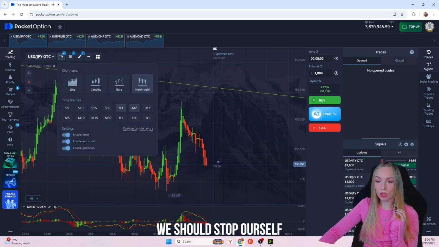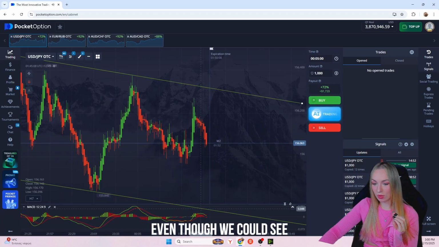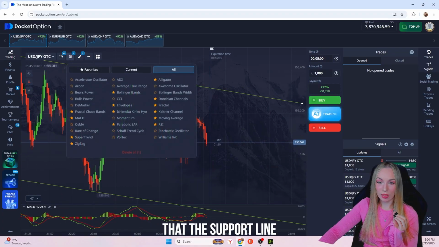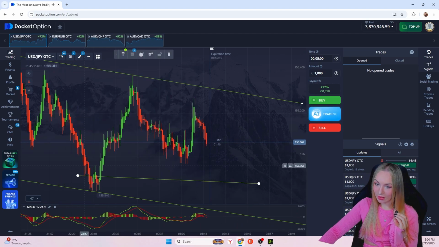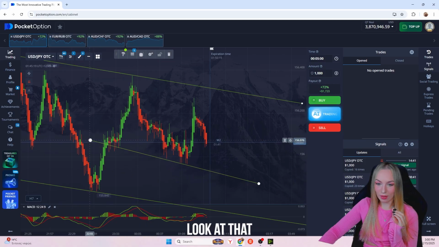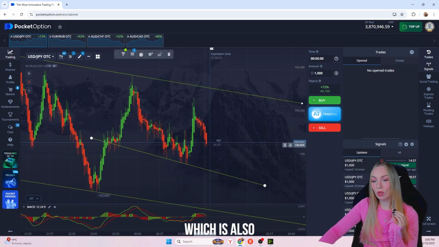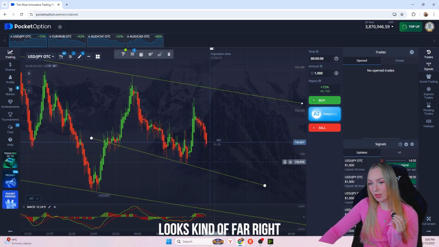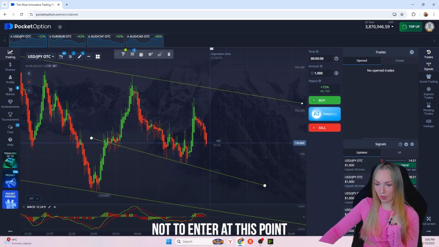Right now we should stop ourselves and not enter here, even though we could see that the support line is still super far. But what we learned from the euro ruble, look at that. Here is another support level, which also looks kind of far, right? But I would say it's better not to enter at this point.